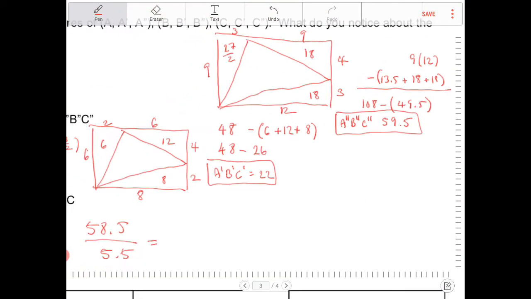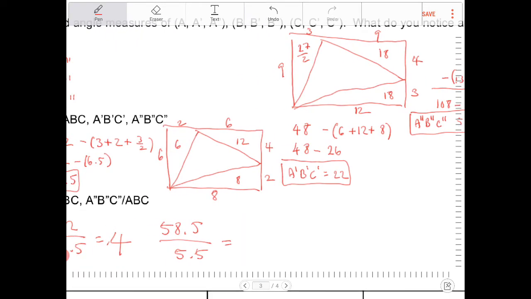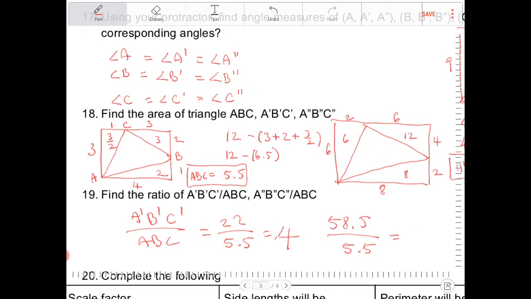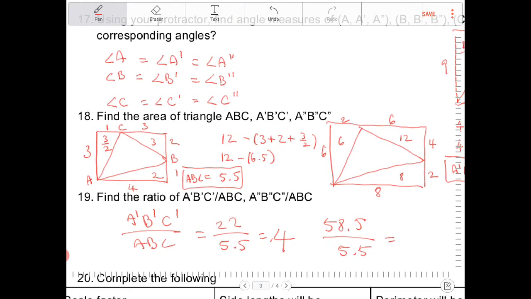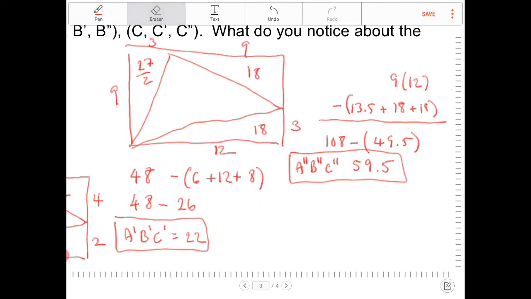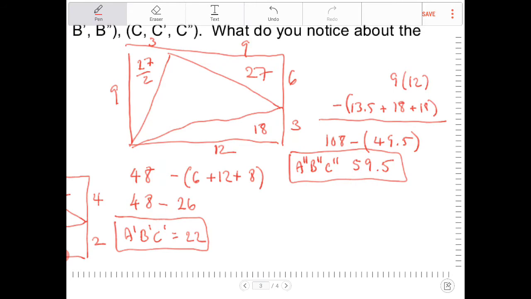So 9, 3, 12, 3, 9, 6. Oh, I made a mistake, which is why I hesitated. This should be 9 and 6. Okay, so 54 divided by 2 would be 27. So then one of these would be 27 here.